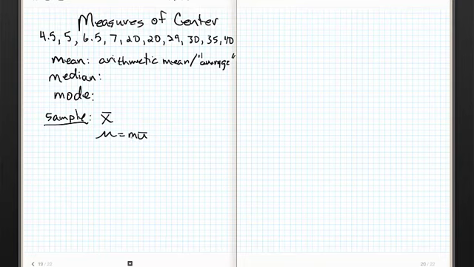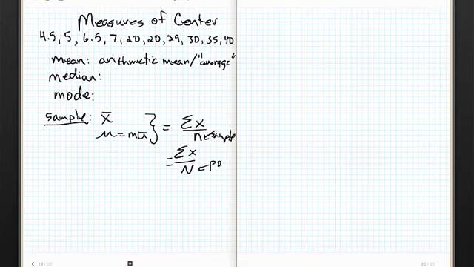Either way, if I'm looking at a sample or a population, this is equal to the sum of the data values divided by the number in the set. Now, careful. This little n represents a sample size. So you'll sometimes see this written out as the sum of x divided by big N, which is the population size, where we're talking about the population.